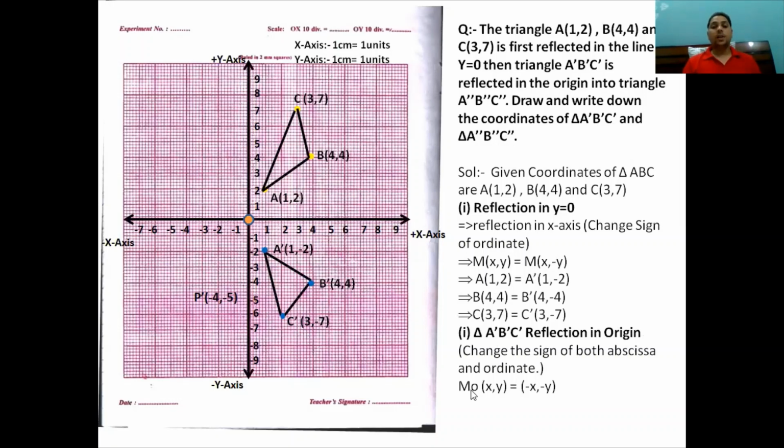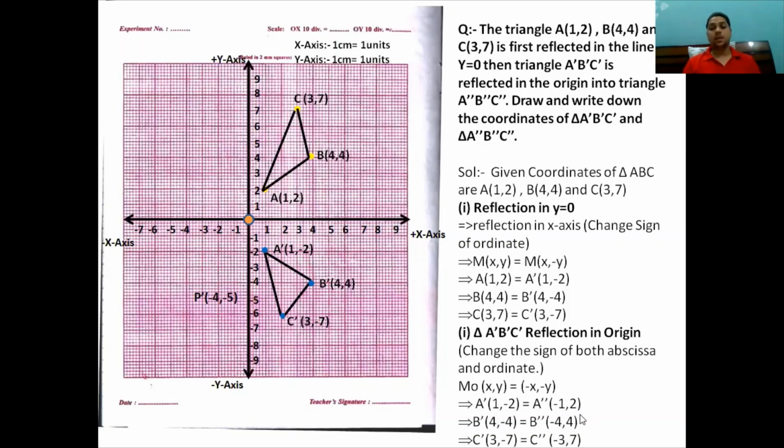So for reflection in the origin, the rule is to change the sign of your abscissa and ordinate. If (x, y) is given, then change the sign here. Then we have A' as (1, -2). This is the first vertex of the triangle here. So reverse the sign here. 1 is positive, make it minus. 2 is negative, make it plus.